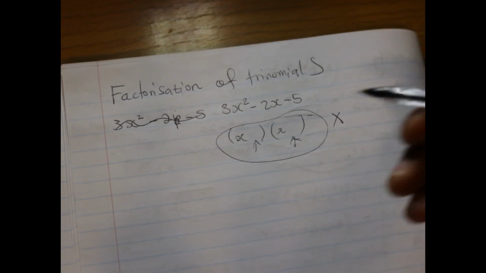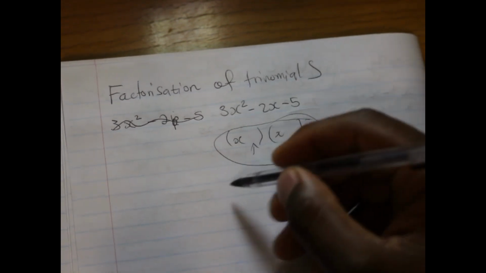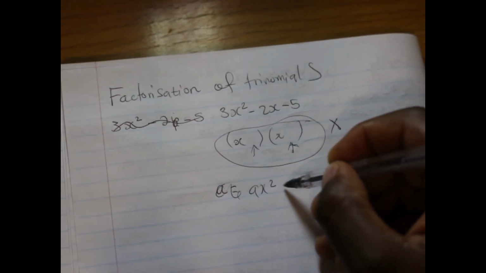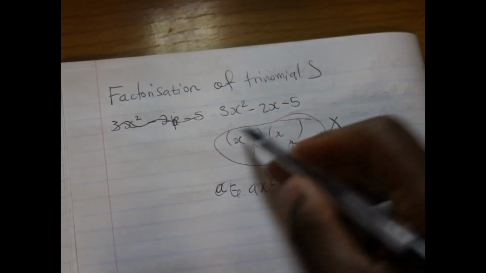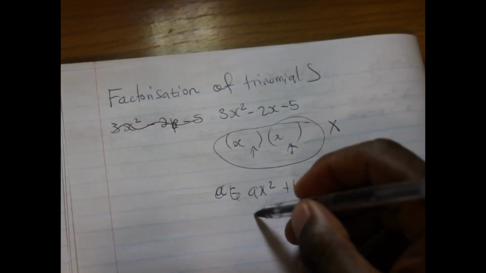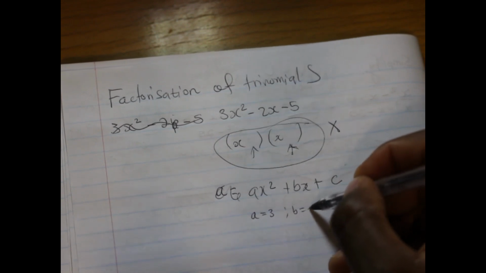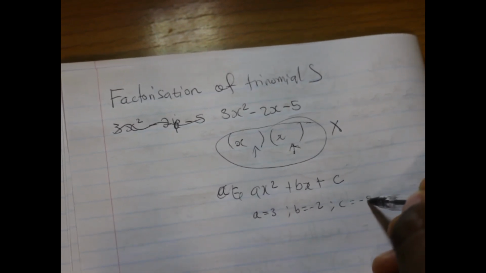What we're going to do is identify your A, your B, and your C. Remember, this is in the form of ax squared plus bx plus c. Because this is in standard form, we know that our A is 3, the B is -2, and the C is -5.